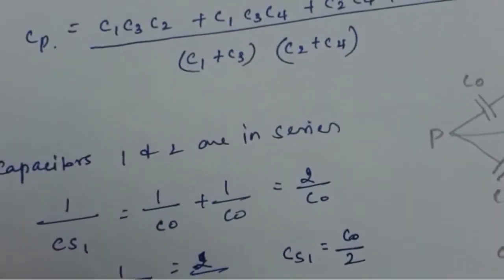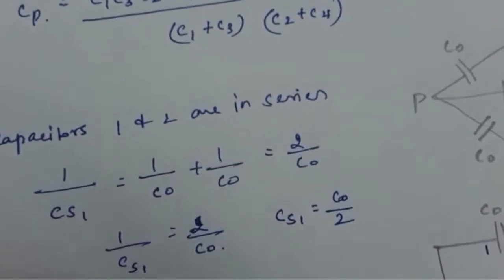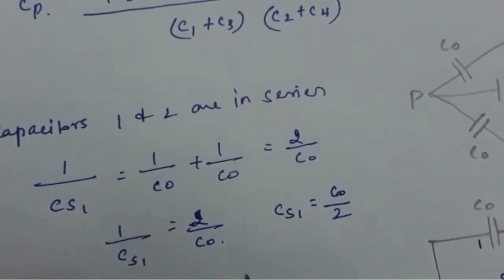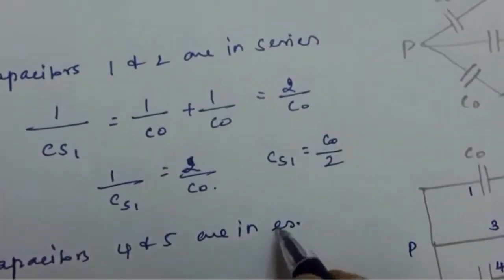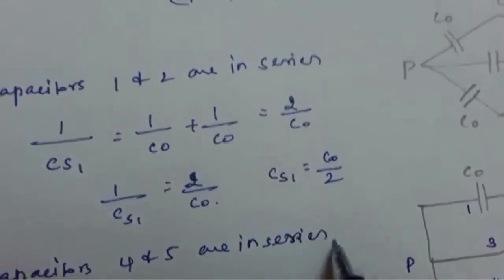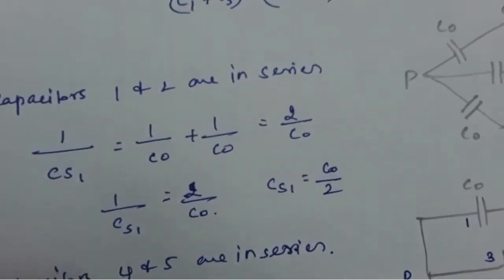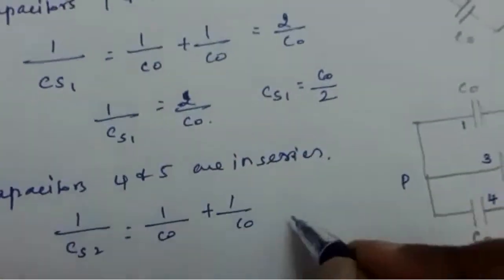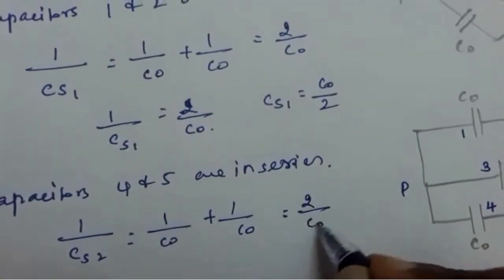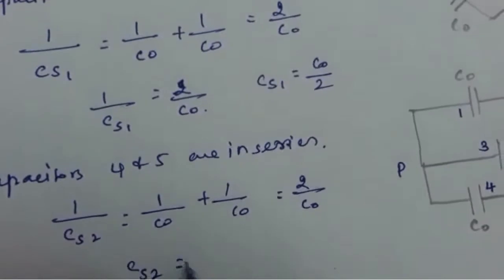Similarly, capacitors 4 and 5 are in series. So what you can write, 1 by CS2 is equal to 1 by C0 plus 1 by C0. That is again 2 by C0. So CS2 is equal to C0 by 2.